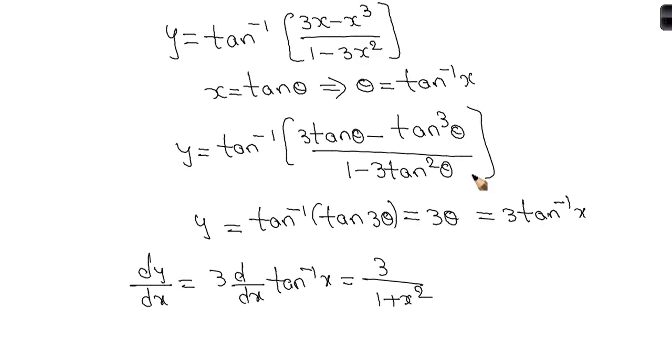So the smart way to solve this problem is, immediately when you see 3x minus x cube by 1 minus 3x square, from trigonometry you should identify that yes, this is the formula for tan 3 theta when I replace x with tan theta. So if you can get that idea into mind, this problem is nothing, very simple. If not, it's very difficult. You might make many careless mistakes if you do direct steps.